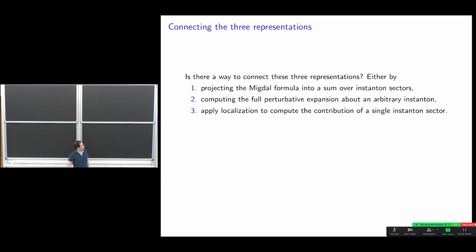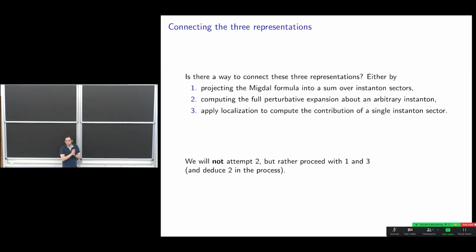And the third one would be to apply localization, like a bona fide localization computation that should tell you the contribution of a single instanton sector. We're not going to do point 2, but we want to proceed with both point 1 and 3, and in doing so we will deduce what the result of applying 2 would be in the process.